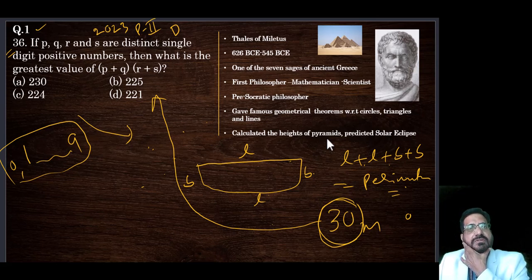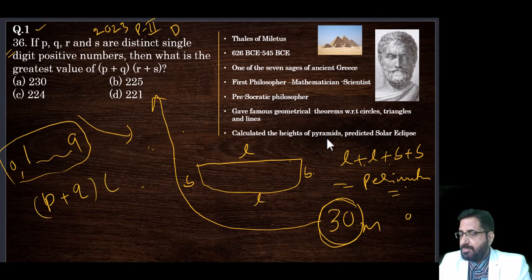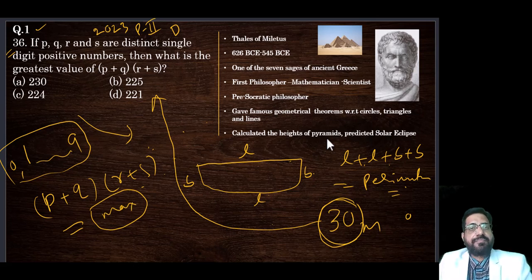So the question is, what is the greatest value of P? You are adding those distinct single digit positive numbers and multiplying them in this way, so you should get the maximum product. So in this case, what should be my P, Q, R and S?